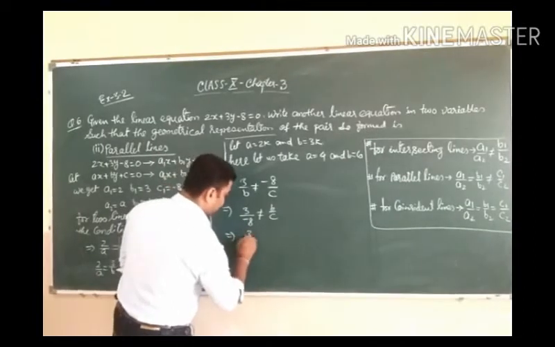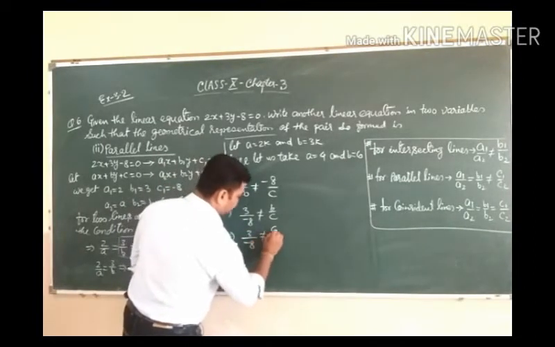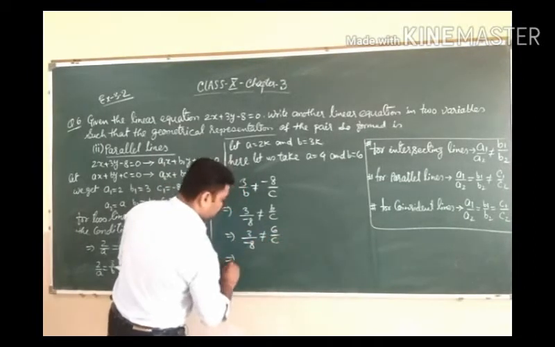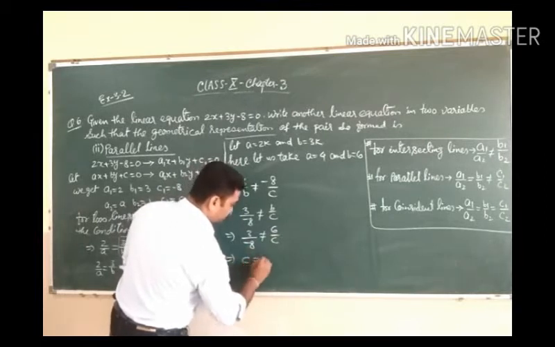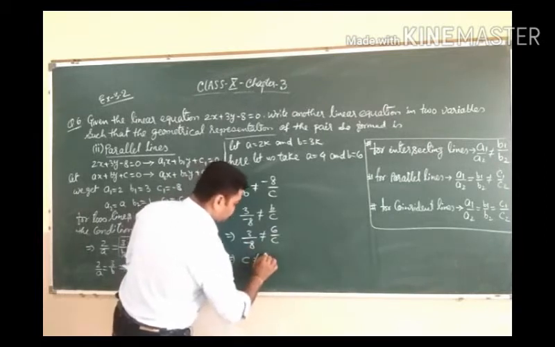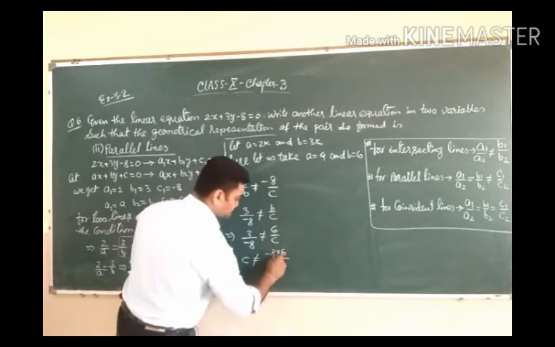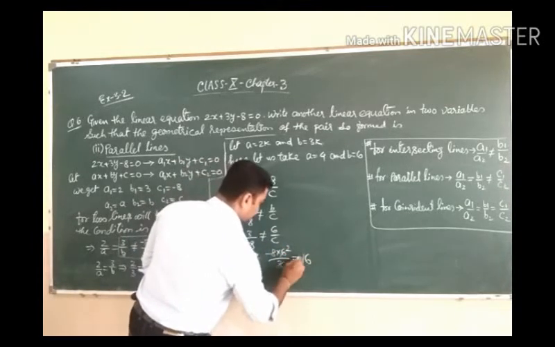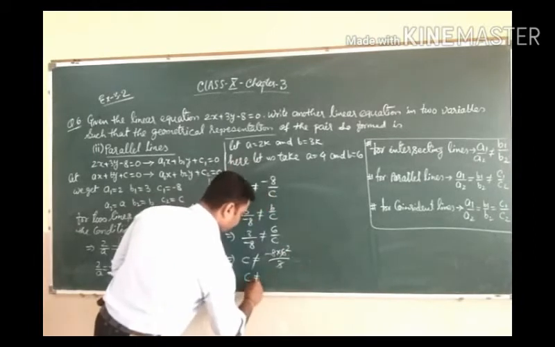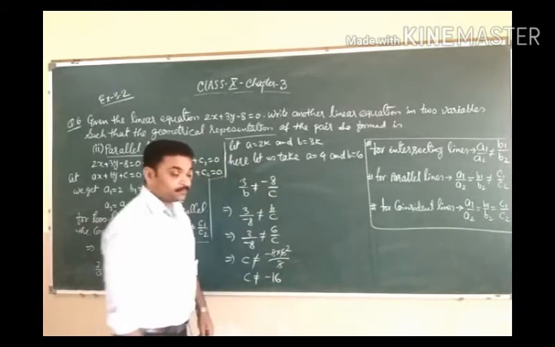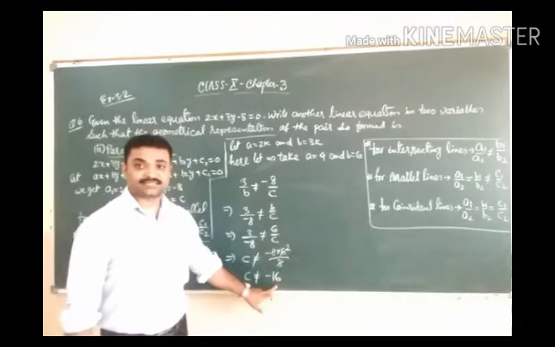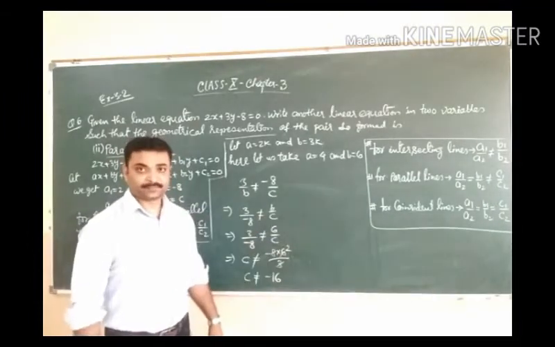So, this implies 3 upon minus 8 is not equal to 6 upon c. Here, c is not equal to minus 8 into 6 upon 3, that is c is not equal to minus 16. Means except this minus 16, c can be any number.